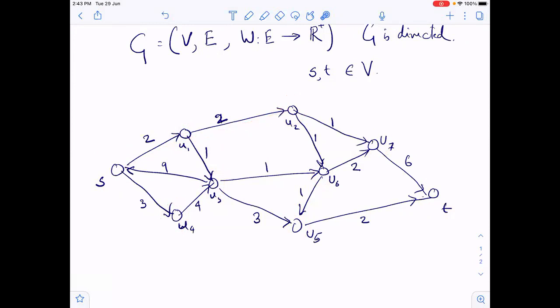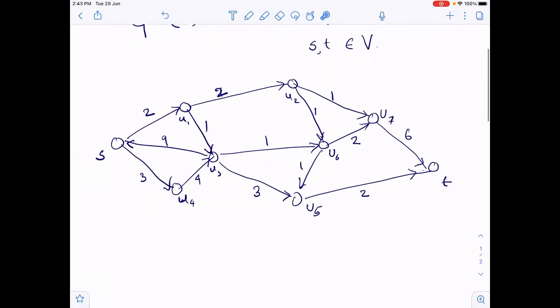The idea is that you cannot send more than 2 units of something this way, or more than 1 unit this way. All these things are like one-way pipelines.